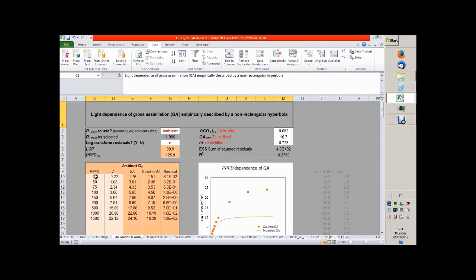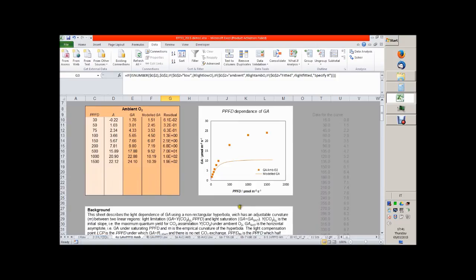This sheet automatically recalls the whole light curve, so all those data points assigned limitation 1, 2, 3. Further, it is possible to specify what respiration to use. For instance, I could add a number, or I could say ambient to recall respiration in the light derived under ambient oxygen.